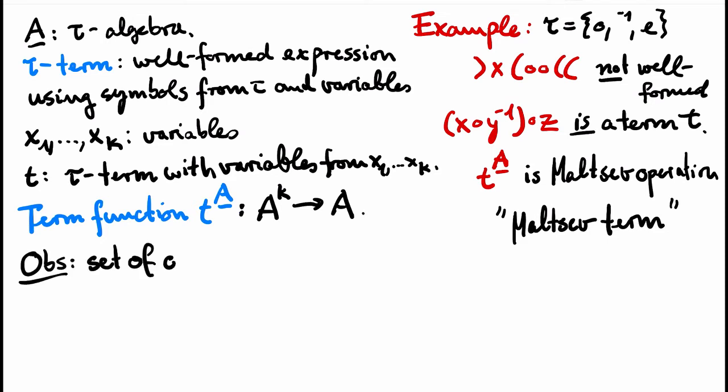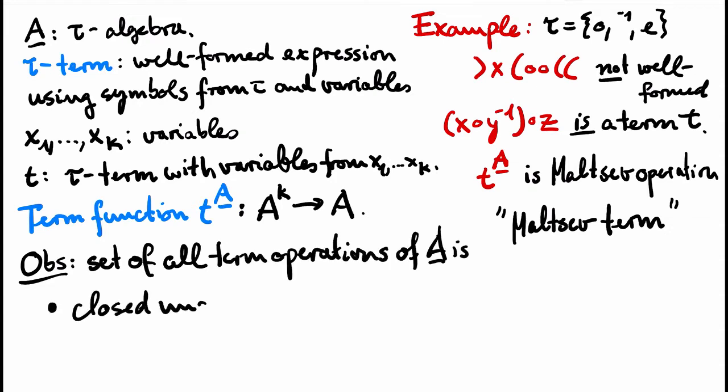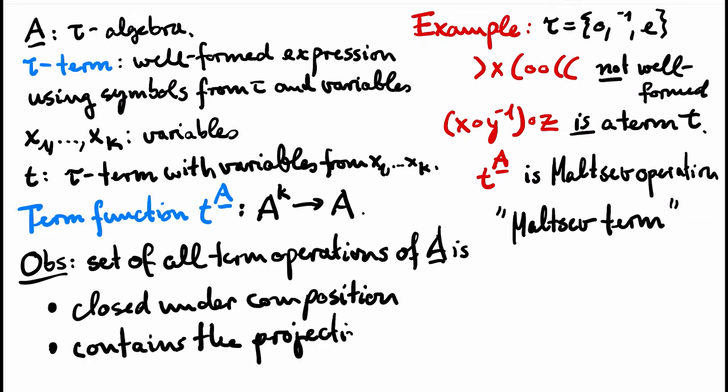It is easy to see that the set of all term operations of an algebra A is closed under composition. It also contains the projections. For example, if k equals 2, then the term that just consists of the variable x1 is the binary projection to the first argument.